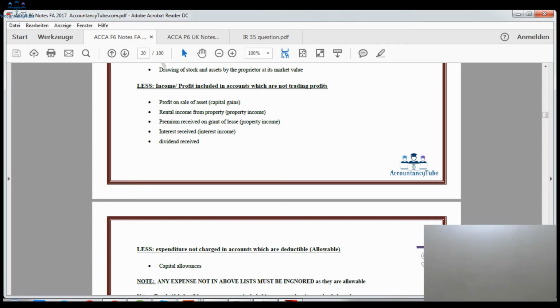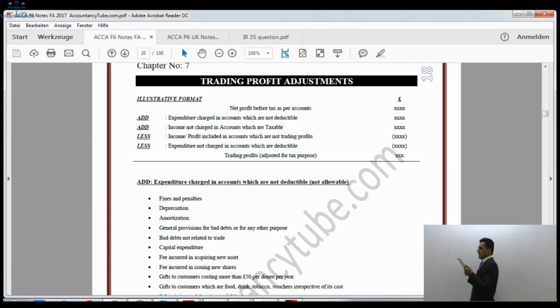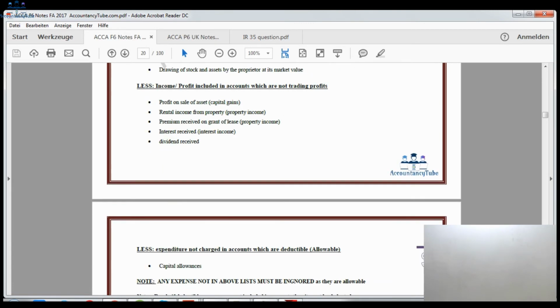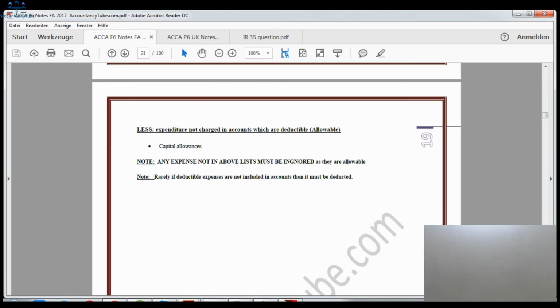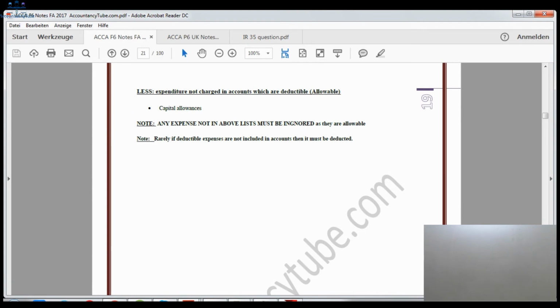The list includes profit on sale of capital assets, which is capital gains tax, rental income from property, premium received on grant of lease, interest received, and dividend received. All of these are written in brackets where they will be taxed.